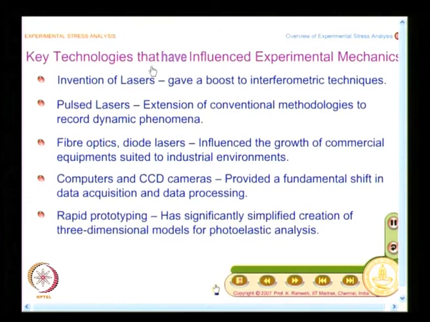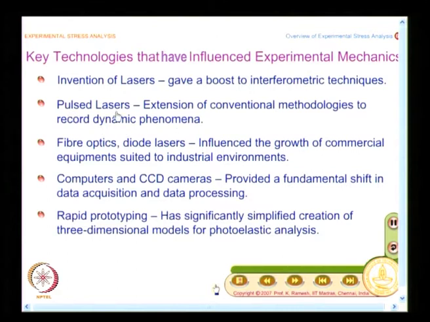Then we also discussed that all these techniques have been greatly influenced by technological development. So, what we saw in the last class was the key technologies that have influenced experimental mechanics. We saw that the invention of lasers gave a boost to interferometric techniques, then pulse lasers extended conventional methods to dynamic phenomena.